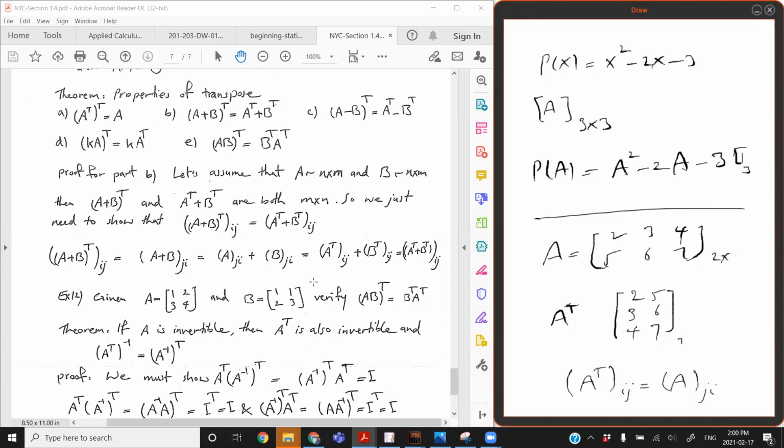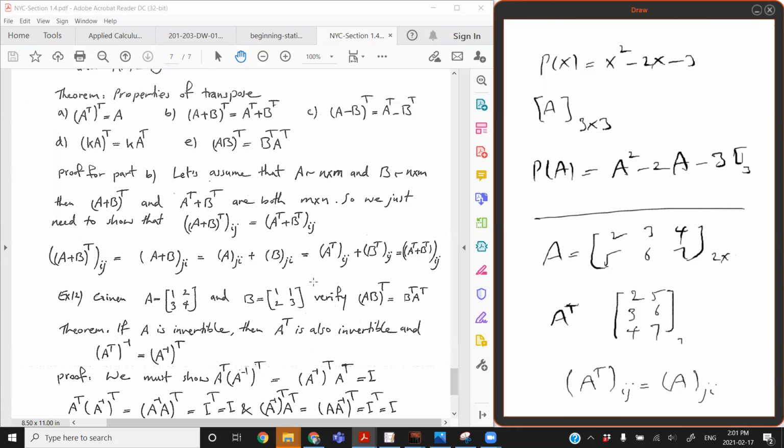That is, the entry on the ith row and jth column of A transpose would be the entry on the jth row and ith column of A. So that's the definition of transpose, which I just wanted to review.